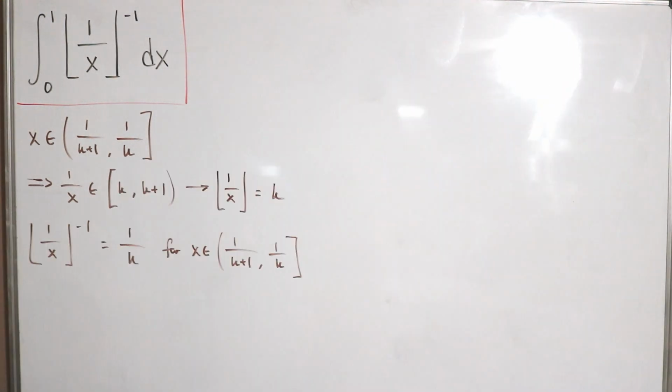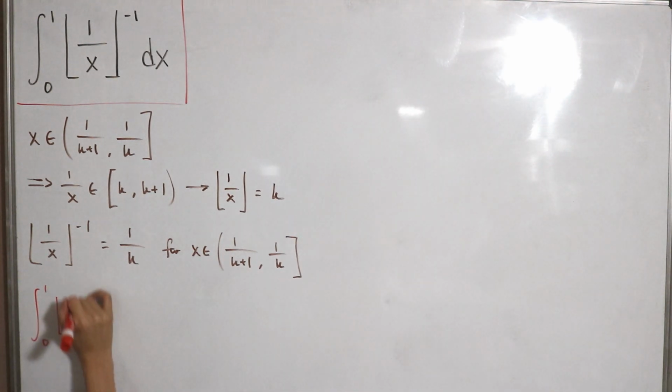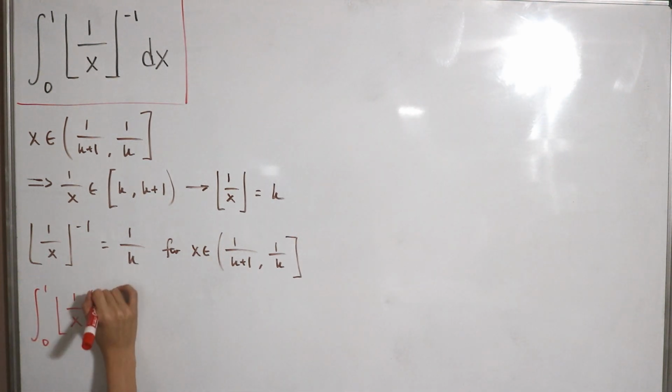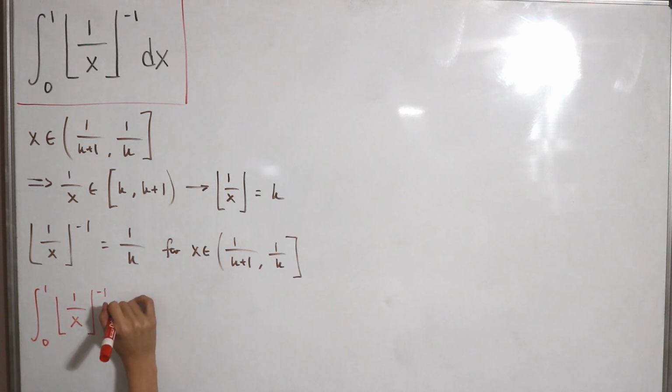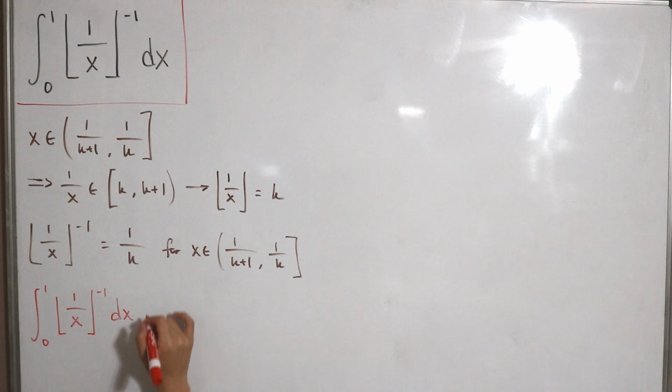So with this, let's write our new integral. Let me start off with just the integral from 0 to 1 of our given integrand, the floor of 1 over x, to the negative 1, dx. In other words, we can also put this in terms of a limit.